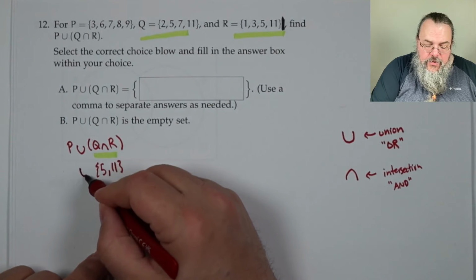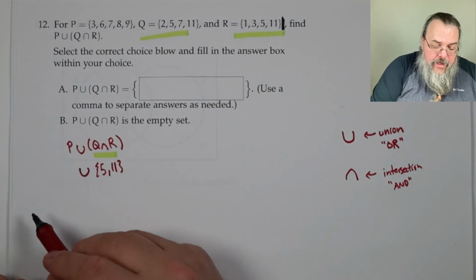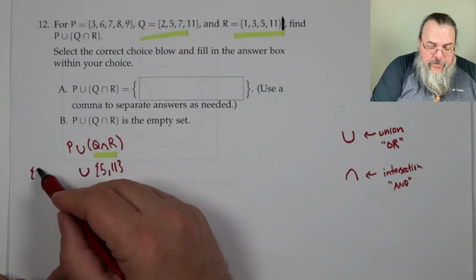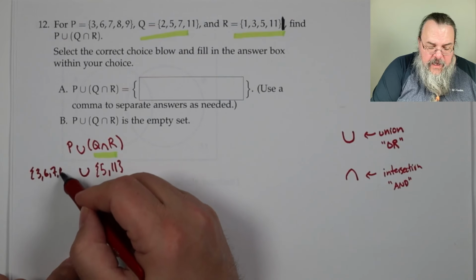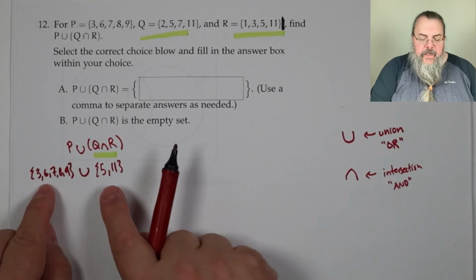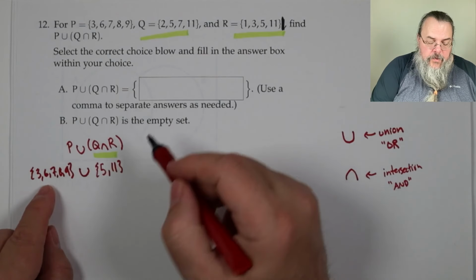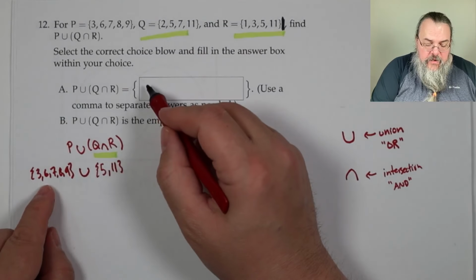And now we union or combine, and we're going to do that. We have 3, 6, 7, 8, 9. And now we say, okay, it can be in either. And we say, okay, so we just start adding things in.